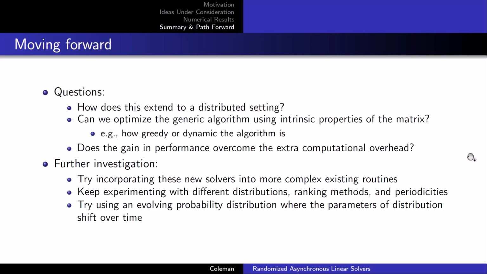There could be some way to say, early on I want this to be more greedy, and over time I want it to flatten towards something more like a uniform, because I can expect that I need to make my updates to the worst residuals, in some sense, the largest local residuals, early on. I want to be very Southwell-like, but over time I'd like to worry more about the load balancing aspect of the problem.